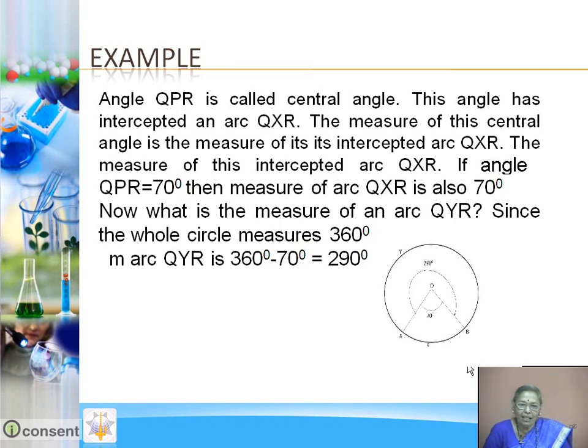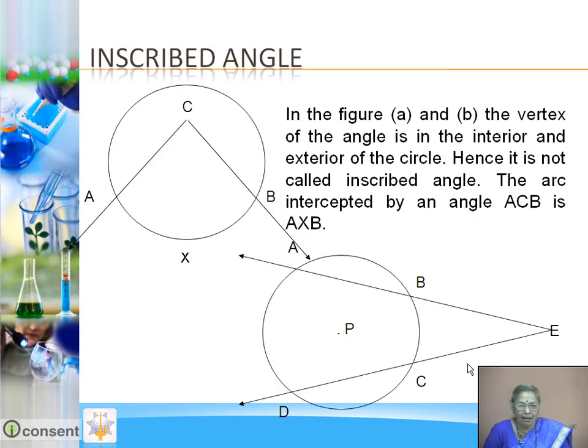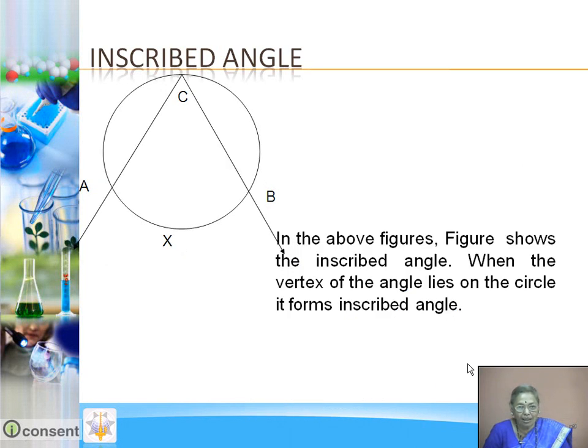Now let us see what an inscribed angle is. Look at these diagrams. In the first diagram, point C is inside the circle. In the second diagram, point E is outside the circle. And in the third diagram, point C is on the circle.